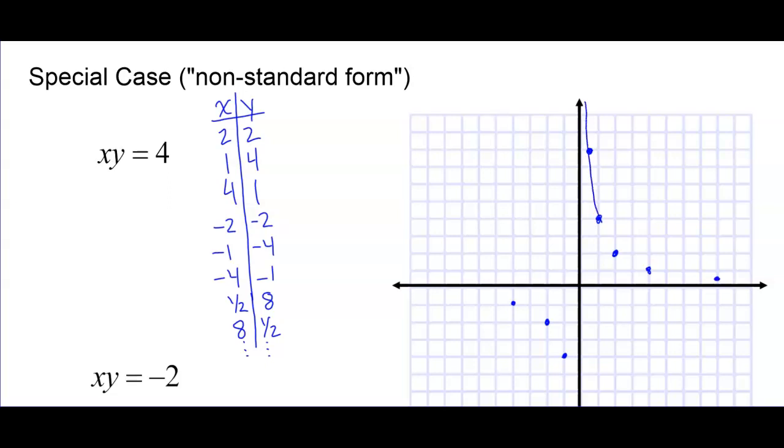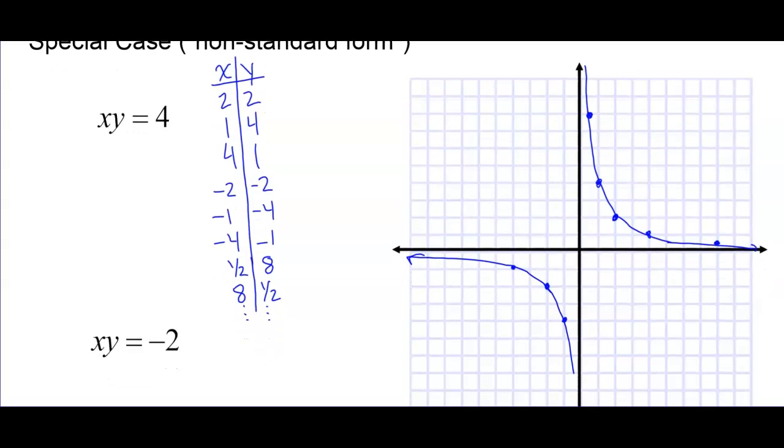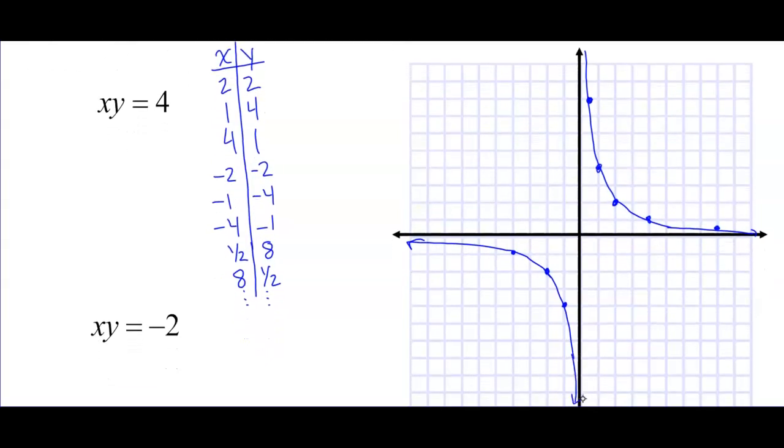We are talking about a hyperbola where the asymptotes are the x-axis and the y-axis. And for these special cases, the asymptote is always the x-axis and the y-axis, so you never even have to worry about where the asymptotes are.